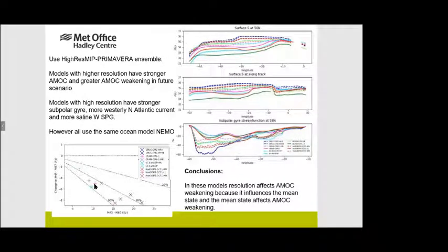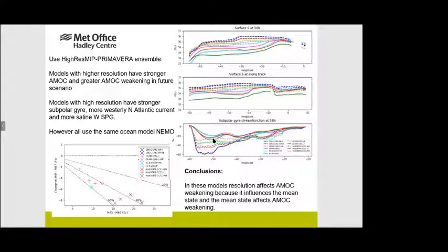And the pluses are lower resolution. So you can see that the higher resolution models all have a stronger AMOC and a greater AMOC weakening. These models also have, if you look over on the other side, a stronger subpolar gyre streamfunction, so that's a stronger recirculation.